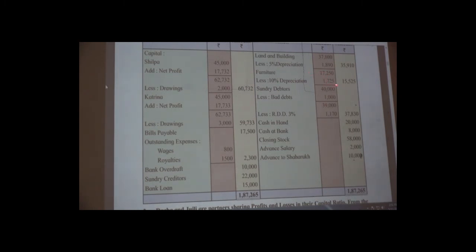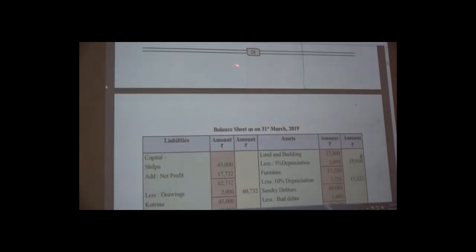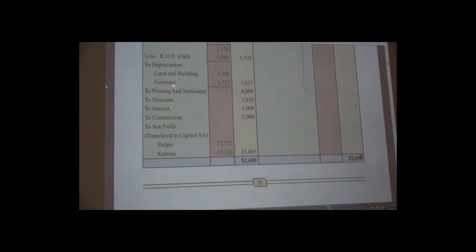Okay, so deduct the amount of depreciation. The amount is 15,525, which is to be written on the outer column. Okay, and second effect again in the profit and loss account on the debit side, under the heading to depreciation, furniture 1,725. So in this way, depreciation of land and building and depreciation of furniture will be added here, and the amount will be written on the outer column, that is 3,615.